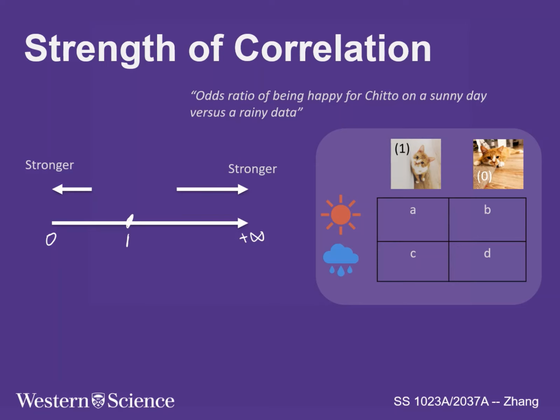If we look at the formula of the odds ratio, the conclusion implies that the correlation will be strong if A times D is much larger or much smaller than B times C. In terms of the 2x2 table, this scenario is reflected by the case where the diagonal values A and D are much larger or smaller than the anti-diagonal values B and C. And this is why, in the previous lectures, we can get an intuition about the association just by checking if the large values are located on the diagonal cells.